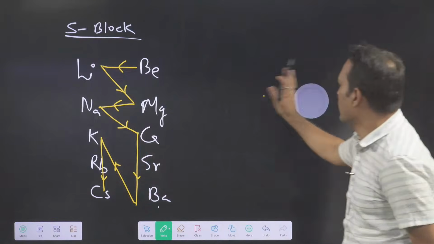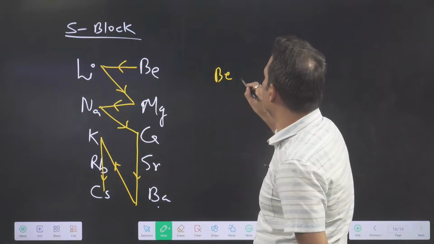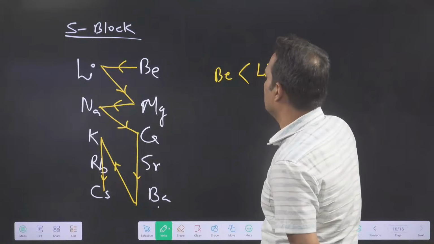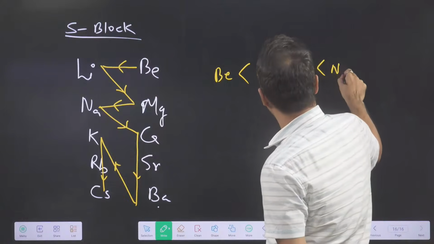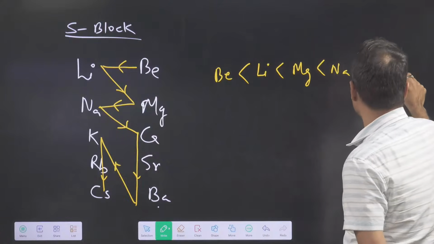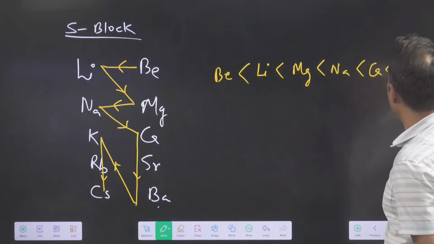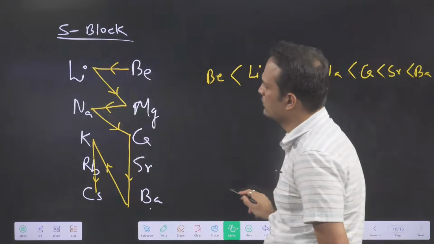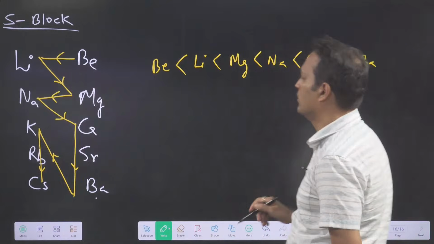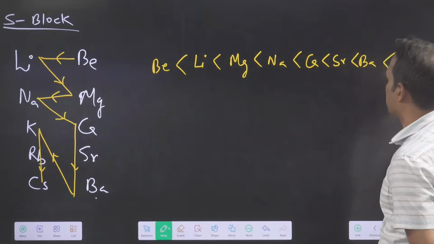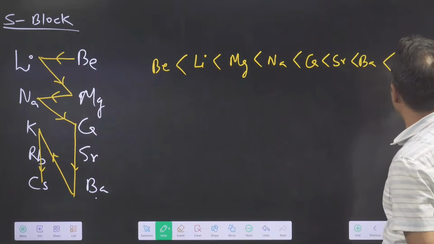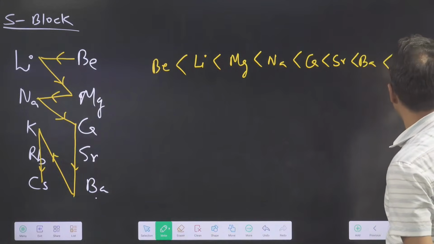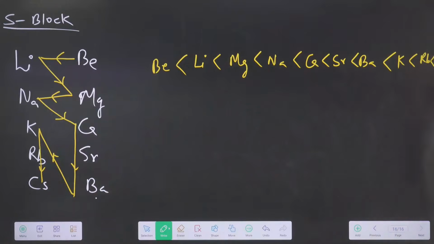So now can you tell the order? Now it's very easy. Beryllium, lithium, magnesium, sodium, calcium, strontium, barium. Barium के बाद potassium, rubidium, cesium. Cesium is the biggest in S block, ignoring the seventh period.